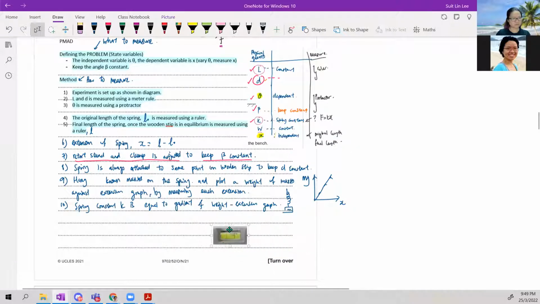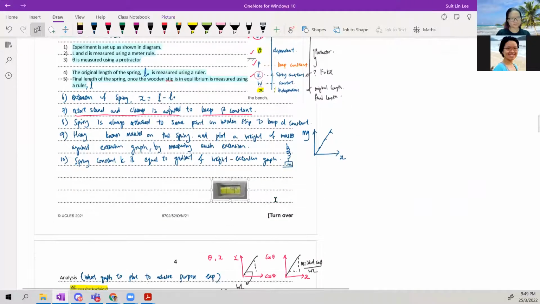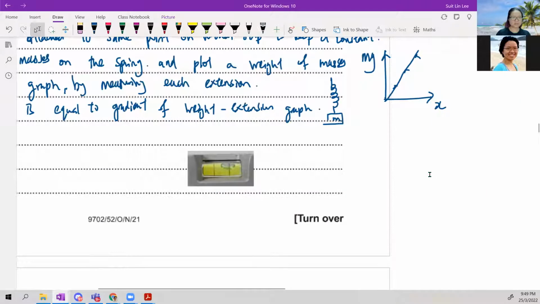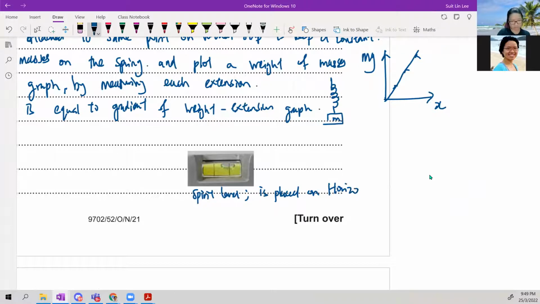I just put this here for you. This spirit level is placed on a horizontal surface to make sure it's horizontal, to ensure perfect flatness.